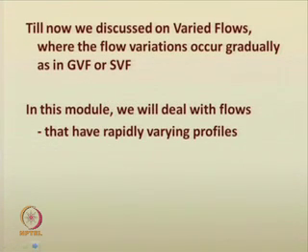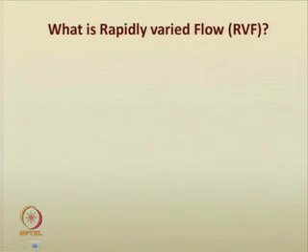Flows which have a rapid change in the flow profile are called rapidly varying flow. Again, I am posing the question to you: because we have already studied gradually varied flow, can you come up with an idea of what is meant by rapidly varied flow?